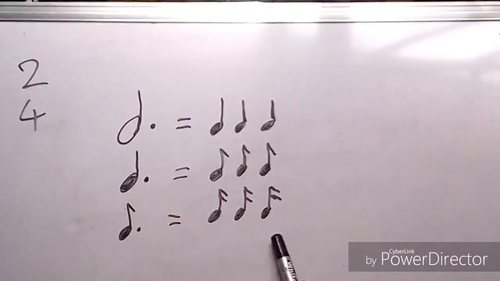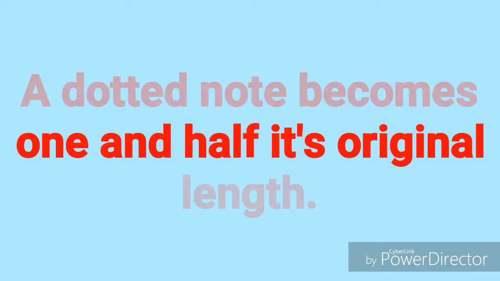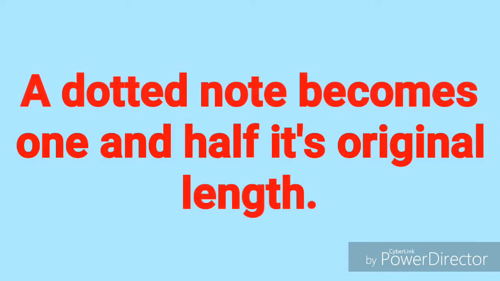So from what we have here, we have a dotted minim, a dotted crotchet, and a dotted quaver. Any note that is dotted becomes 1.5 times its original value.